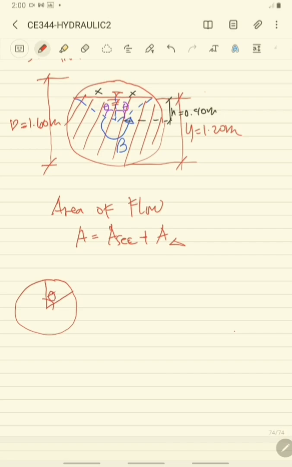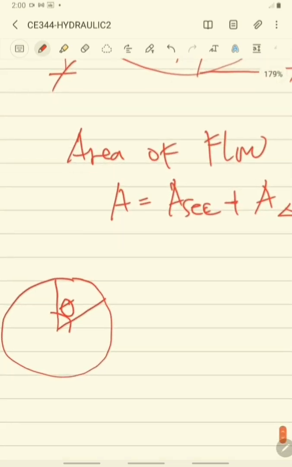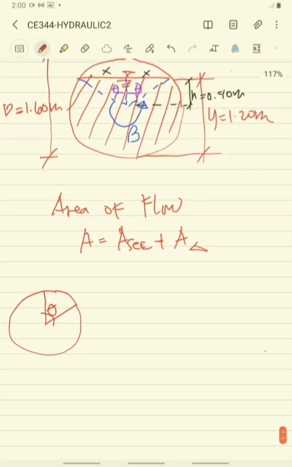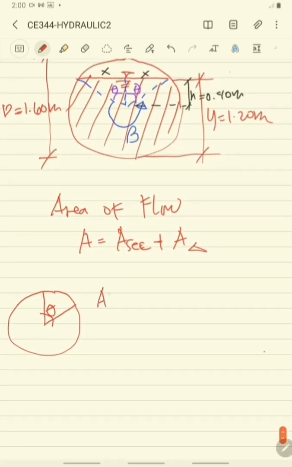If that is your sector with an angle of theta, we can get the formula by getting the ratio. So the area of the circle is to the area of the sector equal to the angle of the circle, which we know is 360 degrees, or 2 pi, over the angle of the sector in the figure, theta.